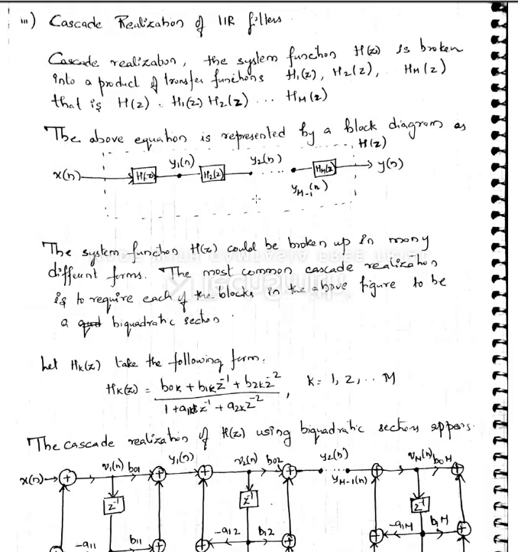But we prefer using direct form 2. Why? Because the number of delay elements that you require is less. So from the designer's point of view, it is always convenient to use direct form 2 in order to realize these individual transfer functions.